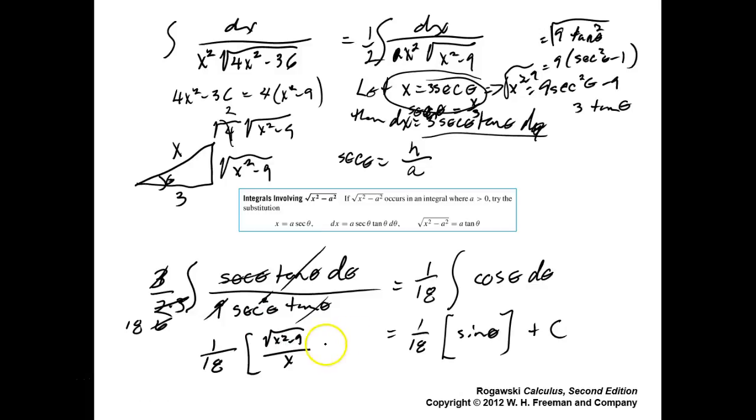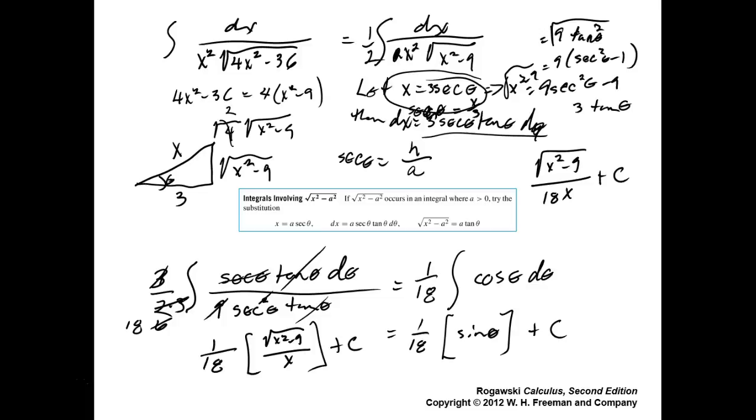Got it? Plus c. So I'm guessing they probably write it like this. The square root of x squared minus 9 over 18x plus c. Now they may not write it that way, but that's how I would write it. Yeah, that's how they do it. Look at that. They got it right. Good for them.